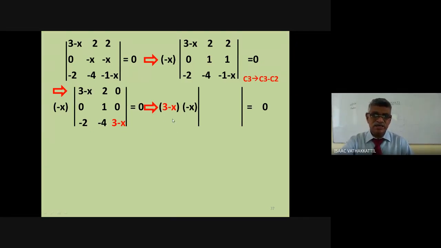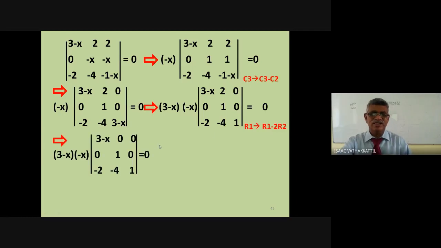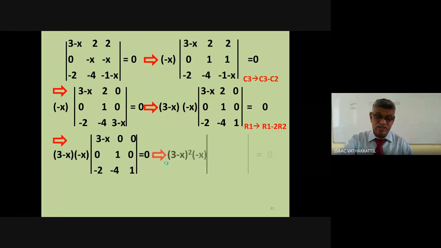Now once I take 3 minus 6 and minus 6 out, what I am getting is a simple determinant like this, and this will be again 1 into, we can do R1, so R1 minus 2 R2 that I did here. Again 3 minus 6 will be once again out, that will be 3 minus 6 whole squared.